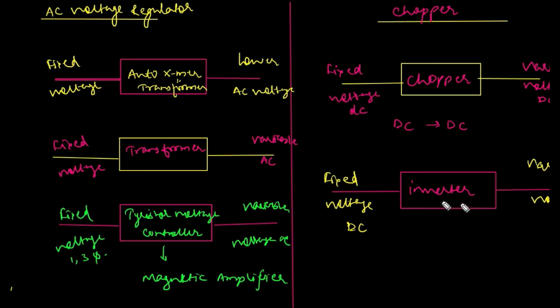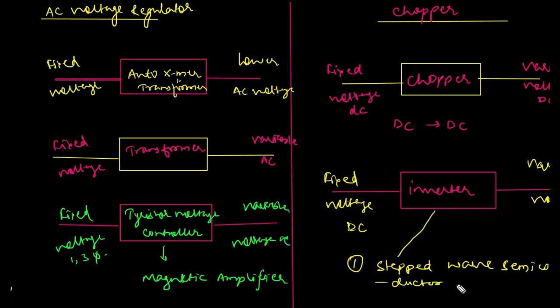An inverter can be basically two types. First one is stepped wave inverter, semiconductor inverter, and second is PWM inverter.